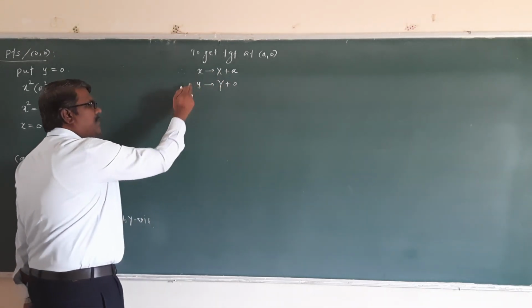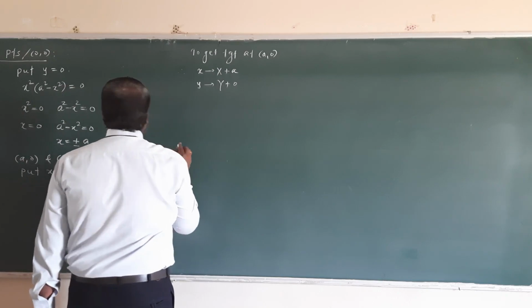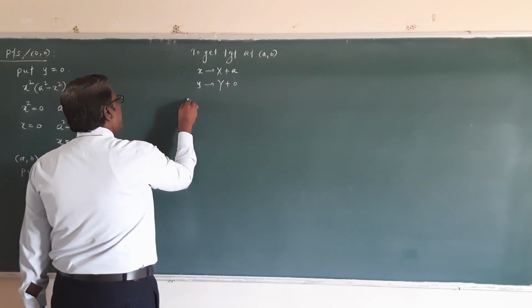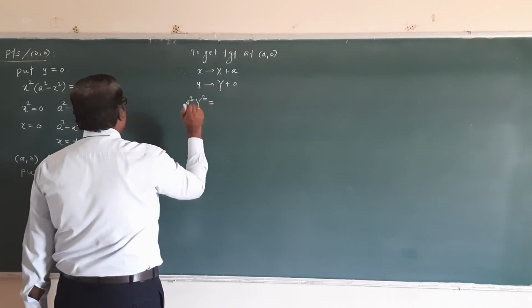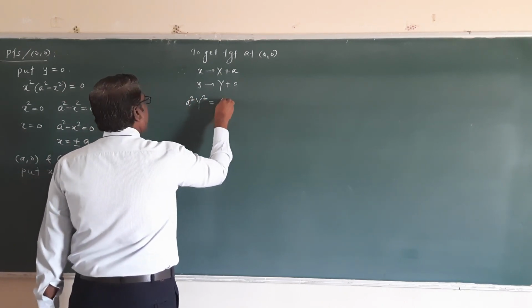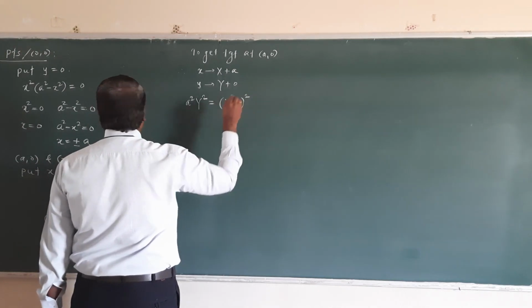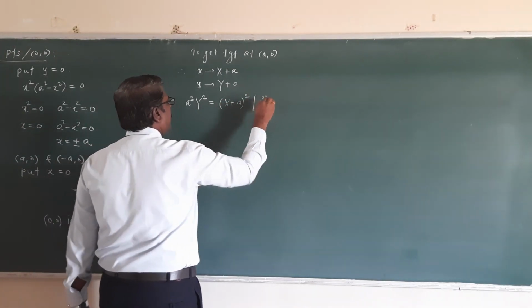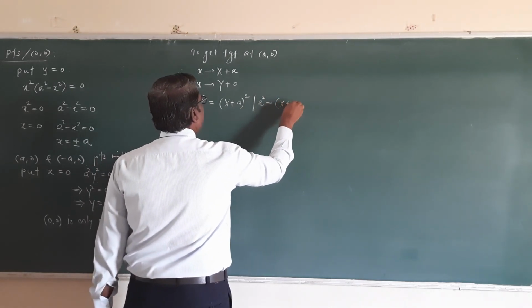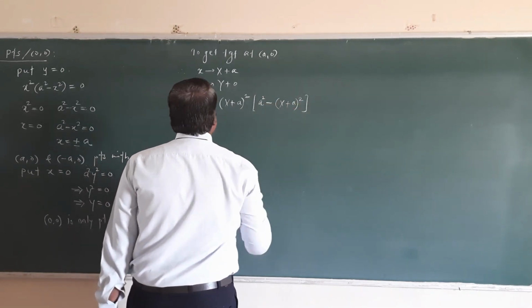So replace these values in the given equation. We get a²y² = (x + a)²(a² − (x + a)²).